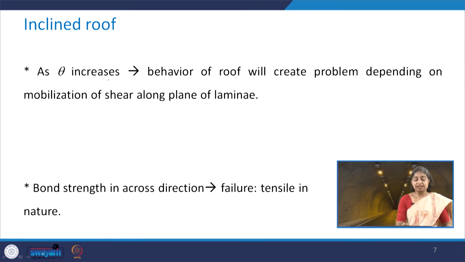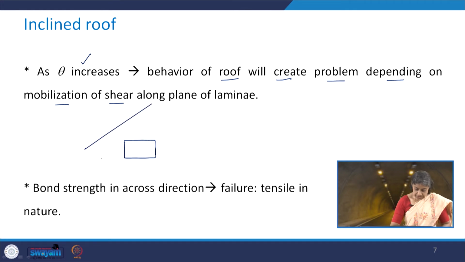Now, as this theta increases, that means the inclination of the layers or the beams increases, the behavior of the roof will create problems depending upon the mobilization of shear along the lamina plane. See how it will look like. The situation is going to be something like this. So here you have the opening, and here there are the planes of weakness.